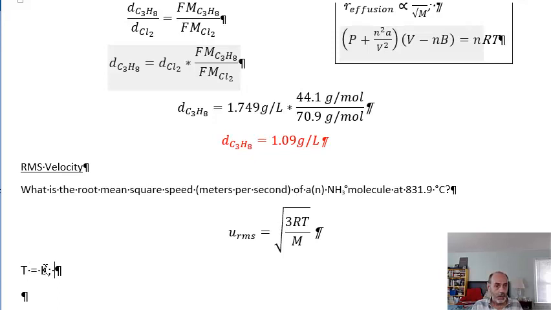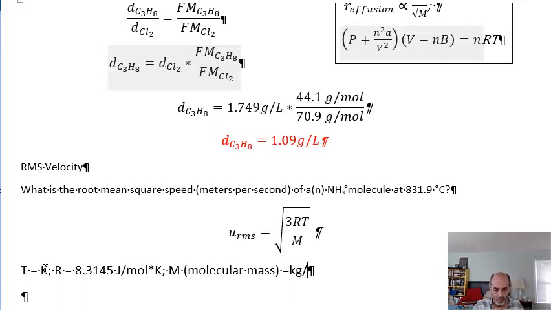Your gas constant should be 8.3145, and I'll prove to you later why that's the case. And of course M is the molecular mass, and that should be in kilograms per mole, not grams per mole, kilograms per mole.